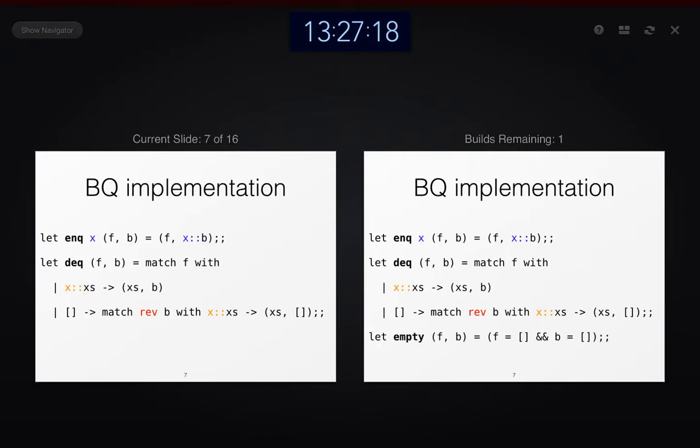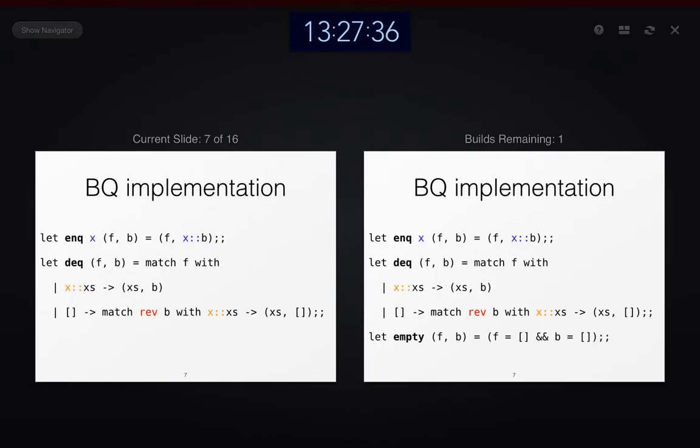So the way this is going to be executed, first we call reverse on B, and that's going to give us the reverse list of B. And then we're pattern matching again X, colon, XS, to take away its head.